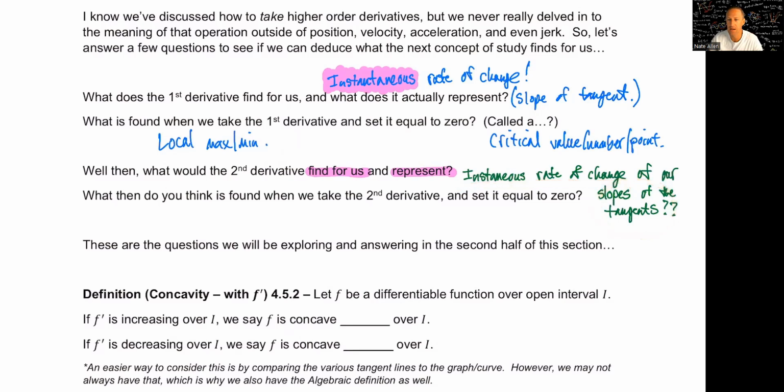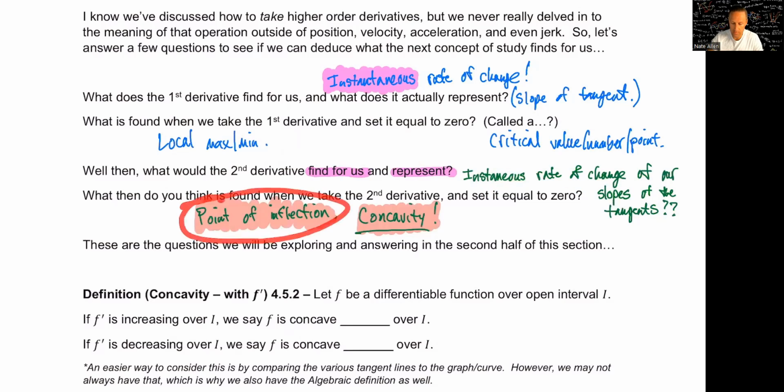Well, this one isn't as obvious or intuitive. So when you take that second derivative and set it equal to 0, we're going to call these things our points of inflection. And any place where it's not 0 is what is going to find your concavity.